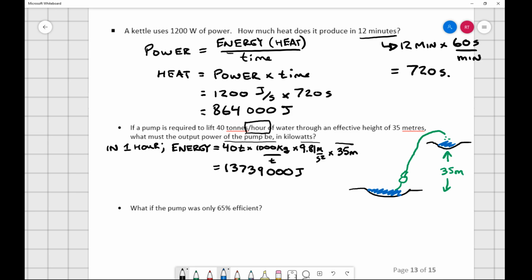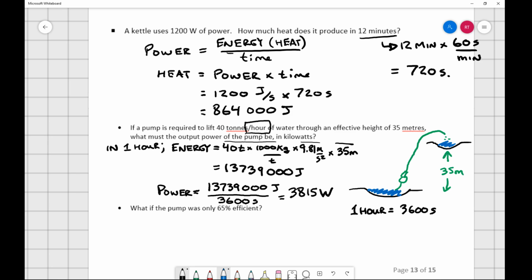So 1 hour is equal to 3,600 seconds, which means that the power is equal to the energy by time, and we get 3,815 watts, or in kilowatts, 3.8 kilowatts.